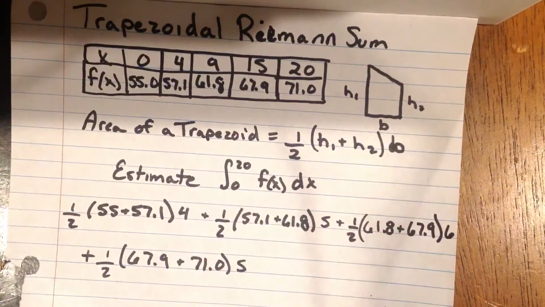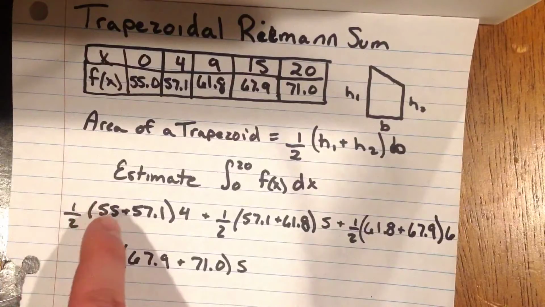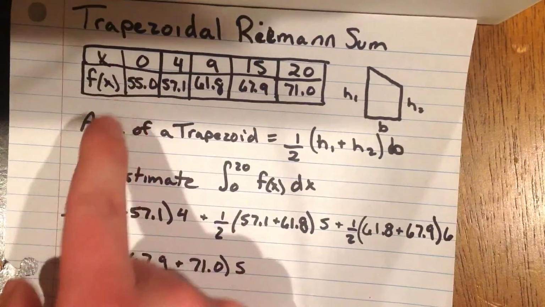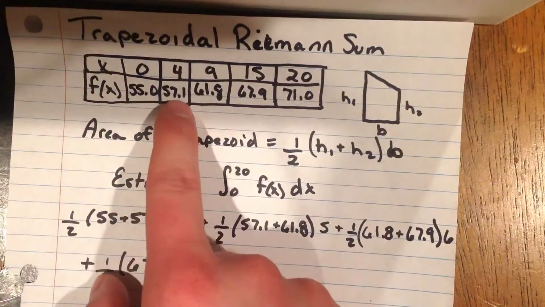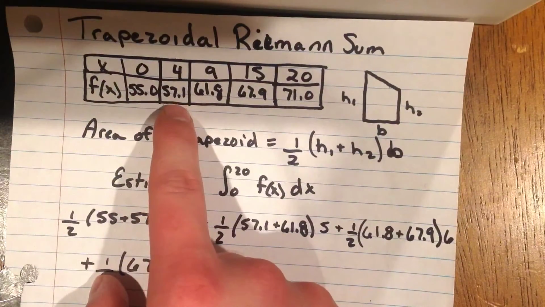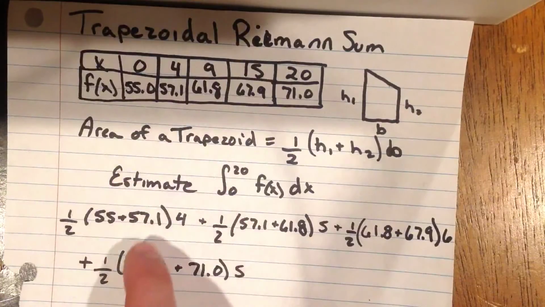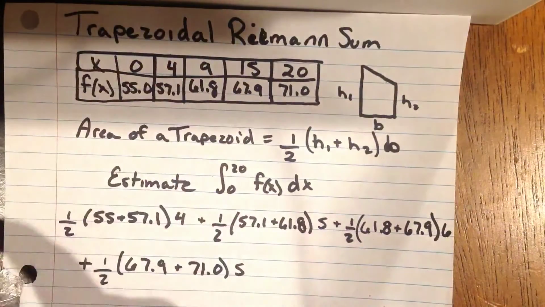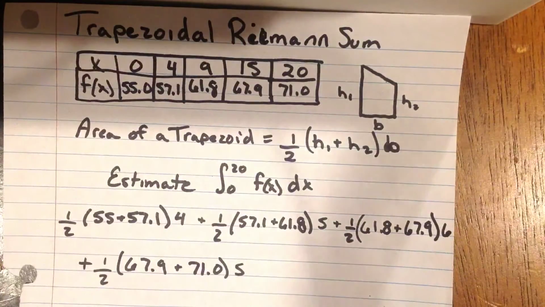So to estimate the area under the curve of f of x from 0 to 20, you would take 1/2 times h1, which is the f of x for the first part, plus h2, which is the next one over, or 57.1, and then you would multiply it by the difference between these two numbers, or the base.